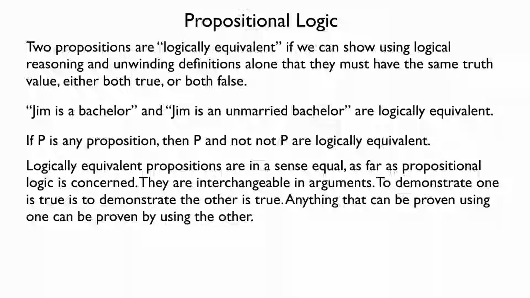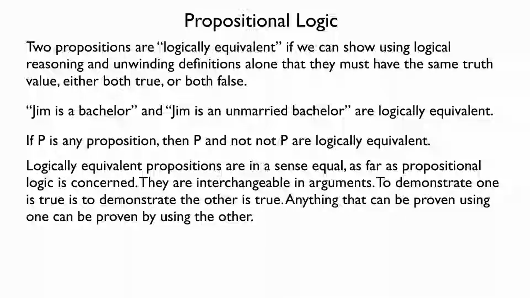Two propositions are logically equivalent if we can show, using logical reasoning and unwinding definitions alone, that they must have the same truth value, either both true or both false. For example, "Jim is a bachelor" and "Jim is an unmarried bachelor" are logically equivalent because the definition of bachelor includes being unmarried. These two propositions either have to both be true together or both be false together.